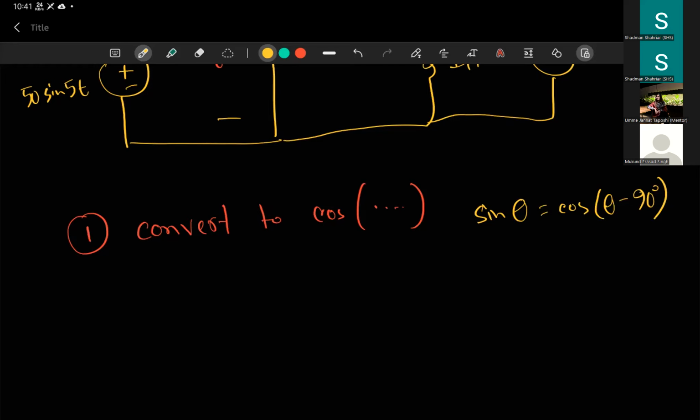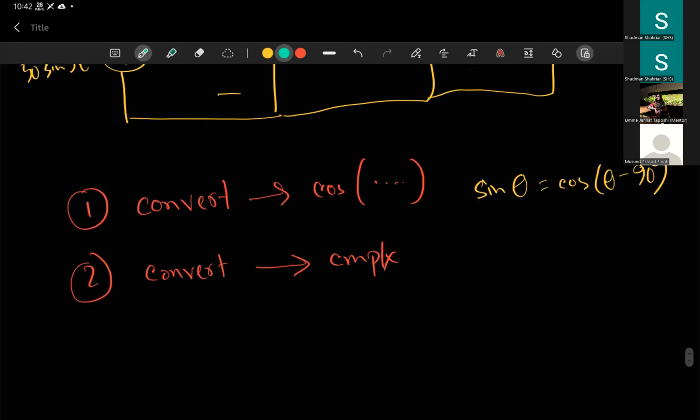Next, after you have converted all of them into cos something, remember you have to convert them to complex numbers. How can you convert to complex numbers?